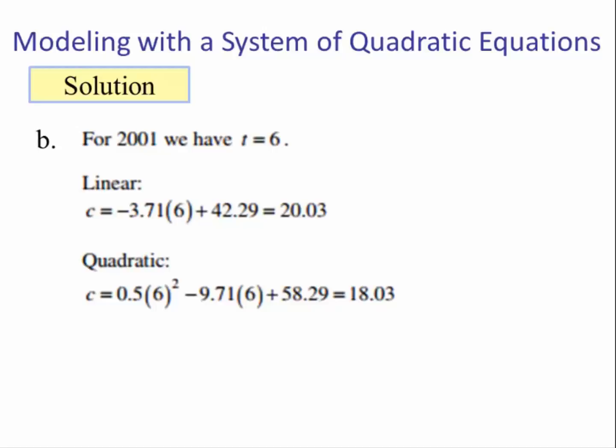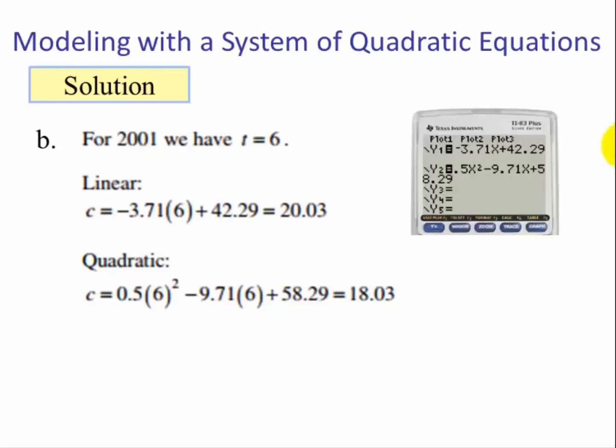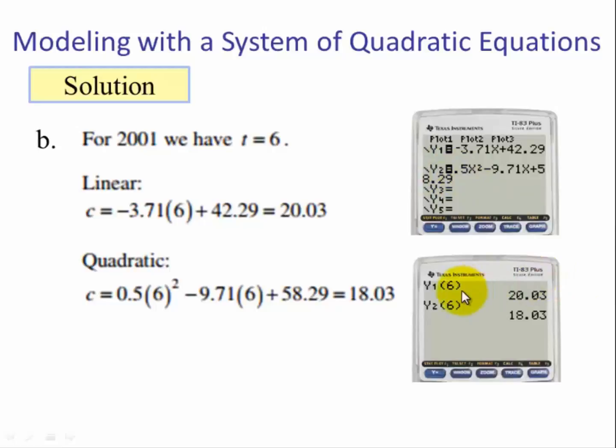Using a graphing calculator to verify, I put the linear model in y1, put the quadratic in y2. Using the var key, 6 evaluated for y1 has an output of 20.03, and 6 evaluated in y2, the quadratic, gives me 18.03.